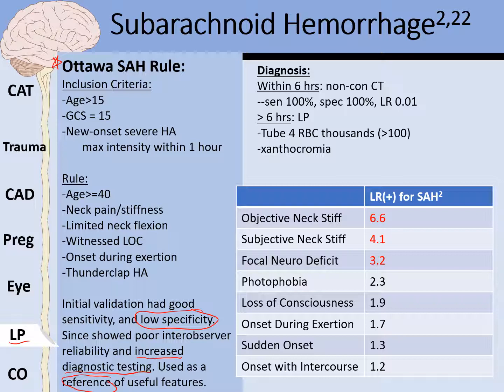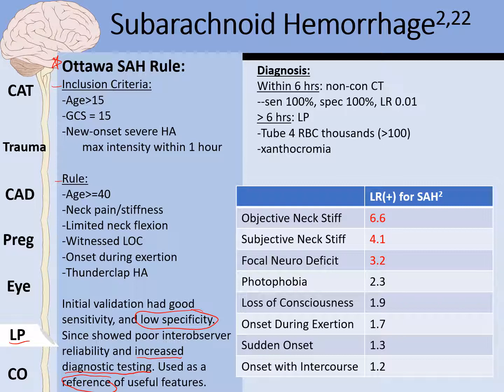First of all, inclusion criteria were those over age 15 with a normal mental status and a new onset severe headache with maximal intensity within 1 hour. Indications for testing included age over 40, neck stiffness, witnessed loss of consciousness, onset during exertion, and thunderclap headache.